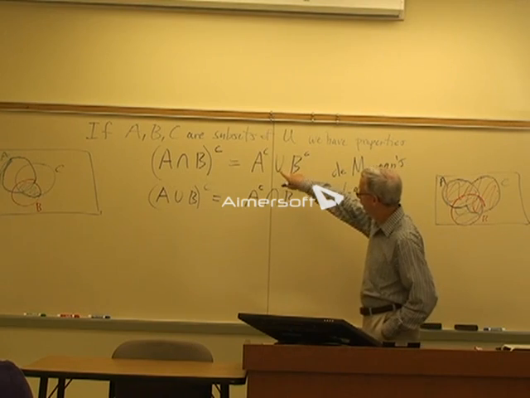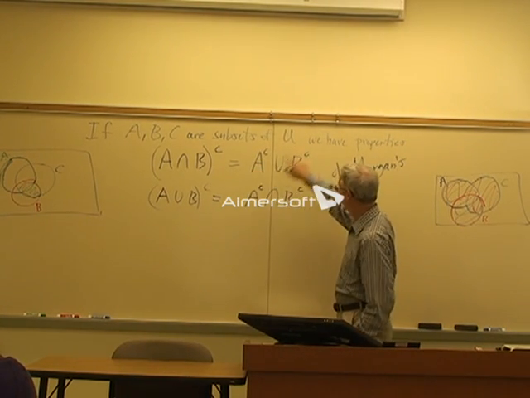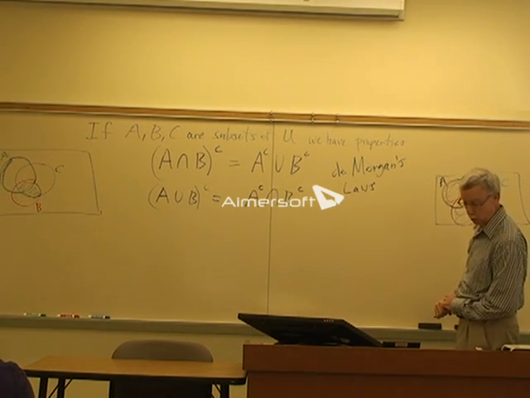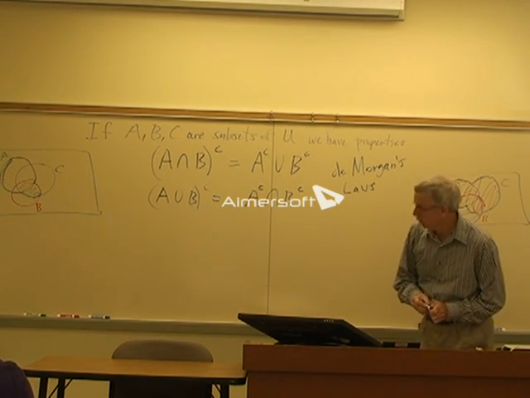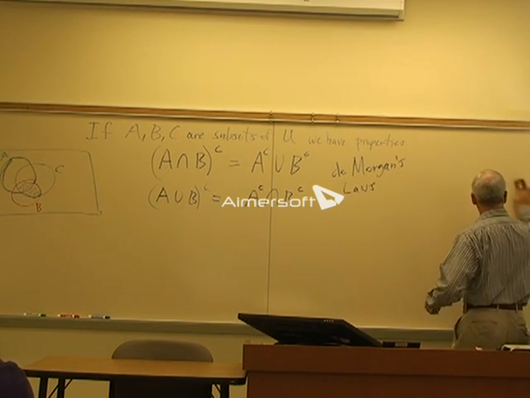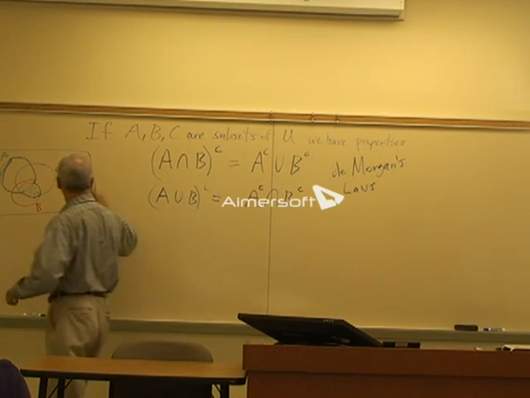Remember, the complement of a set is just the universal set, subtract off A, and what's left is the complement. Well, how does a Venn diagram help me in this case? A lot easier to draw with just two sets.